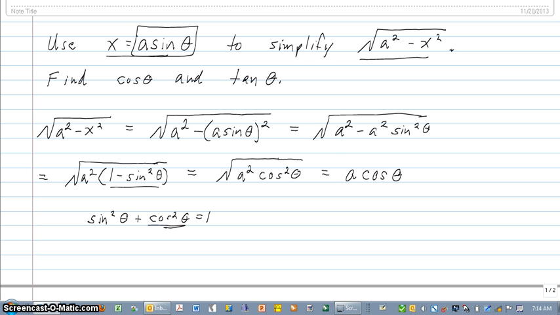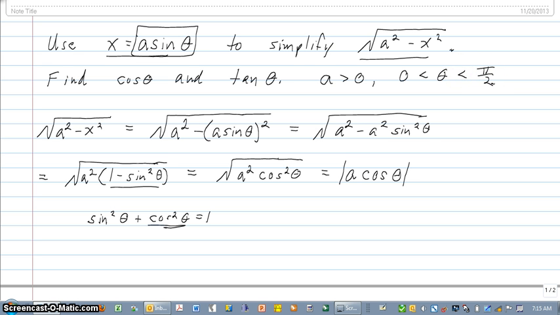I would normally need to make sure that I take the absolute value of this, because cosine of an angle could be positive or negative, and the same with a. However, we can alleviate that if we know at the beginning, which I should have written down and I forgot to, we have the assumptions that a is greater than 0 and that our angle is between 0 and pi over 2.